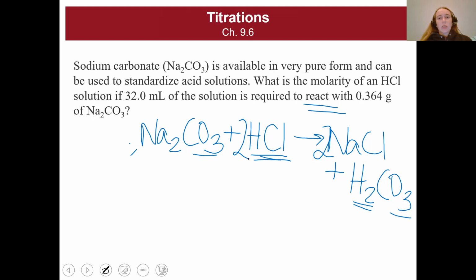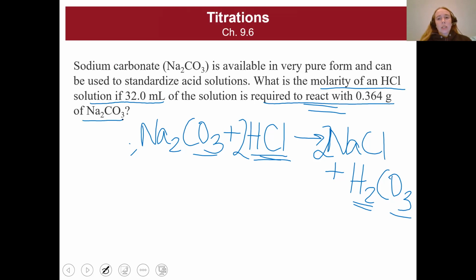So when we are talking about these kinds of reactions, what is the molarity of an HCl solution if 32 mils of the solution is required to react with 0.364 grams of sodium carbonate? That question means how much is required to react.